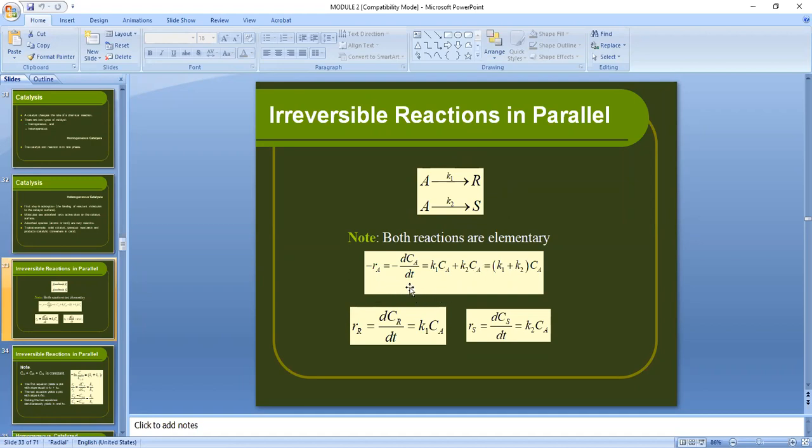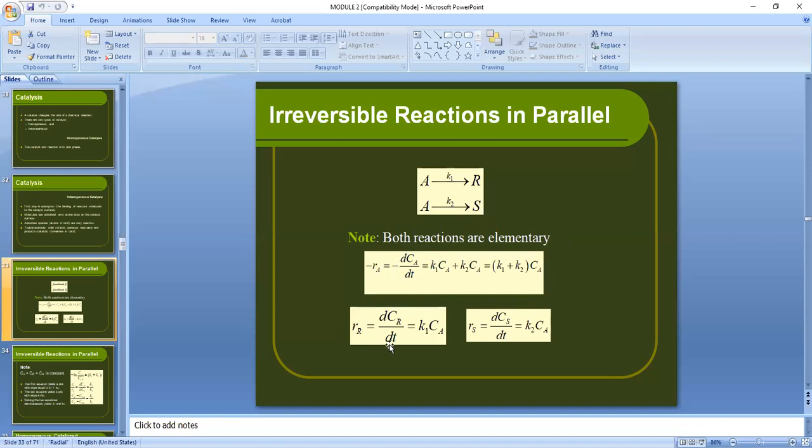If we express the rate in terms of species A, then the right side of our equation will be k1 C_A plus k2 C_A. Factoring out C_A, you will have the sum of the two rate constants multiplied by C_A. I know you know what to do already. You just do separation of variables and evaluate by simple integration.